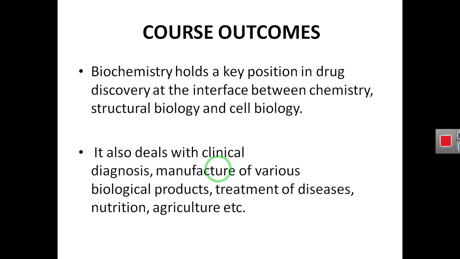So this course holds a key position in drug discovery, because this course is the interface between chemistry, structural biology and cell biology. So this was the aim to learn this course, because eventually it would assist us in the process of drug discovery.